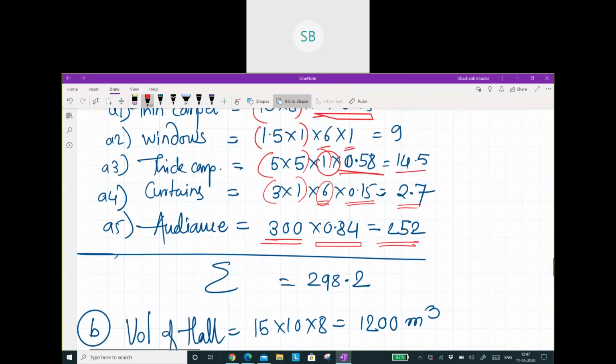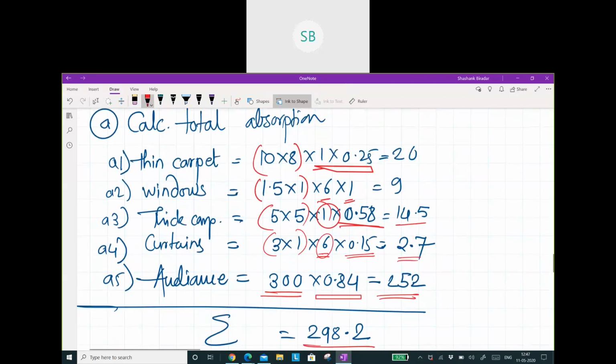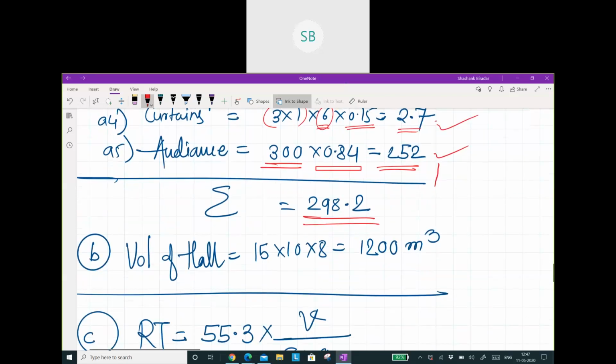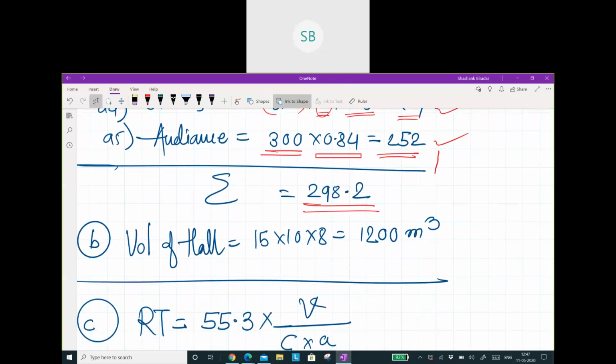The summation, 20 plus 9 plus 14.5 plus 2.7 plus 252, gives me 298.2. And the volume of the hall, obviously 15 meters multiplied by 10 meters multiplied by 8 meters, gives me 1200 meter cube.